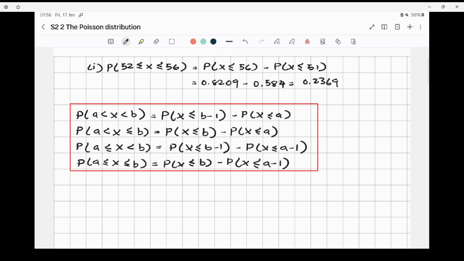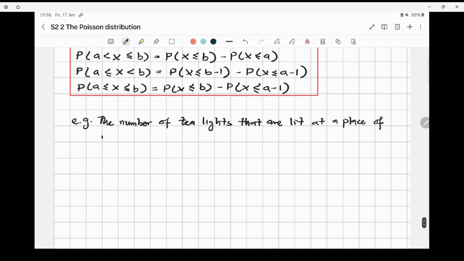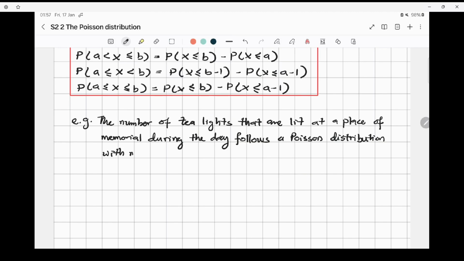Now let's look at one example. The number of tea lights that are lit at a place of memorial during the day follows a Poisson distribution, and the mean would be 38.